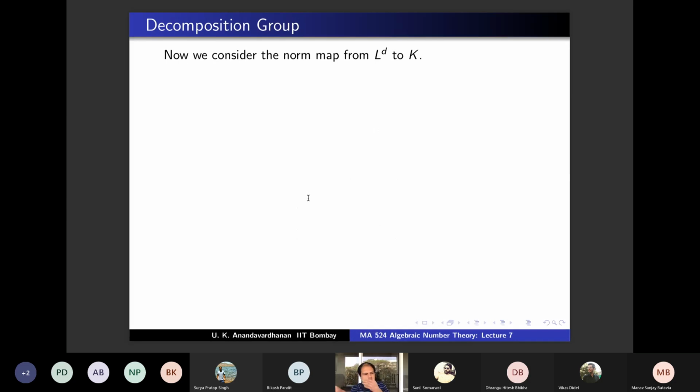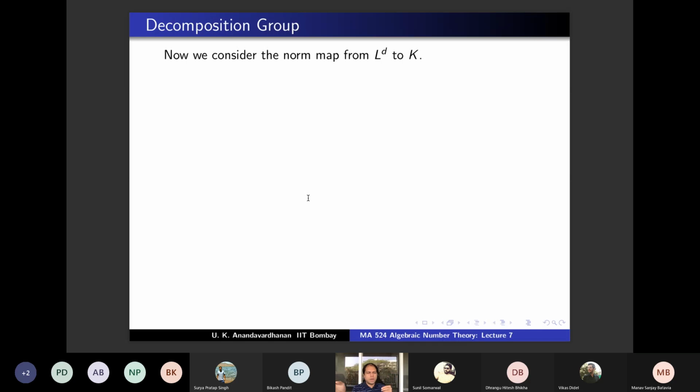So LD to K may not be Galois, but whatever it is, these are products of the Galois conjugates. So from LD, you take the K morphisms of LD. It may not land in LD. That is normality.